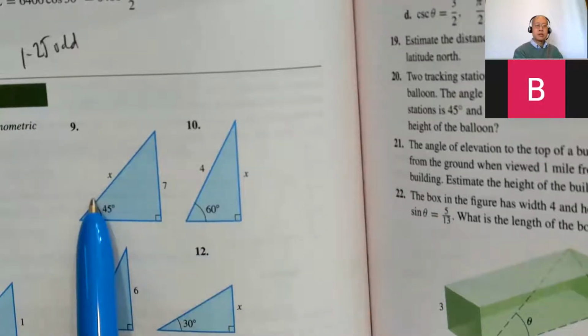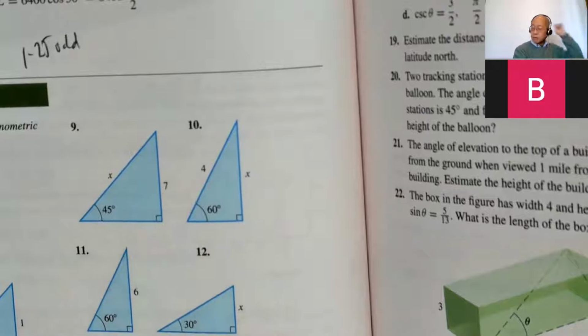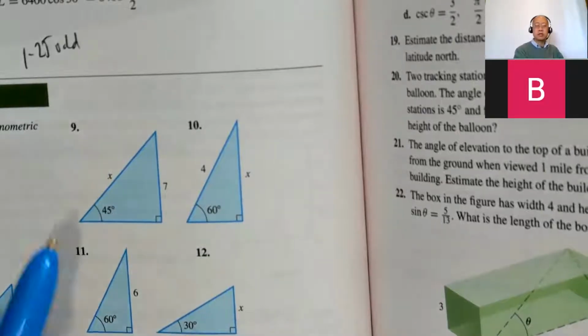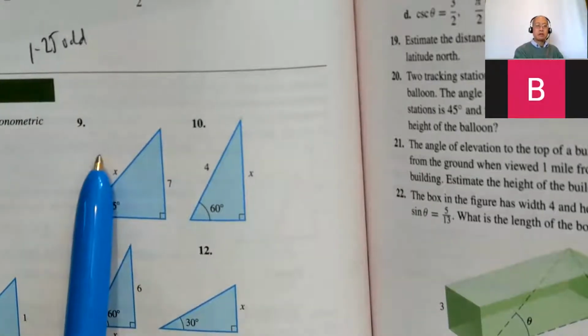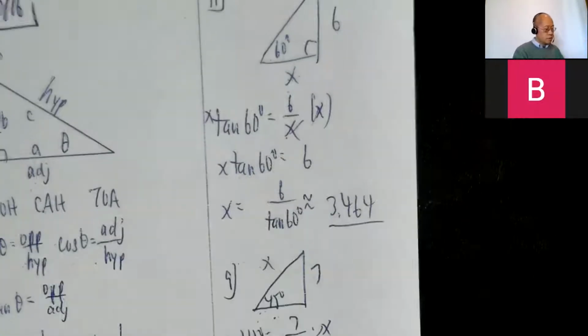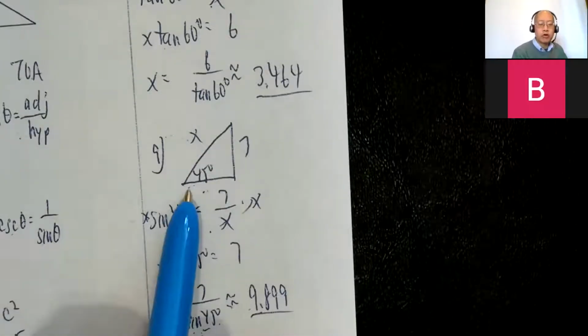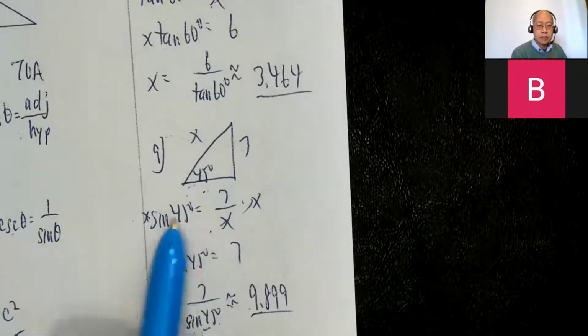This is the hypotenuse. Opposite, hypotenuse. So which of the 3 trig functions involves opposite and hypotenuse? Sine. So sine of 45 degrees is 7 divided by x.